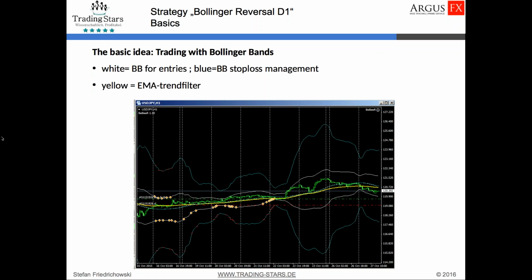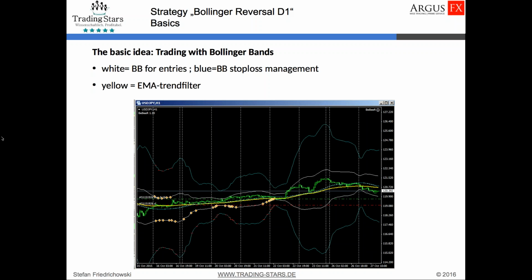The trade entries are always only in the direction of the trend filter, which is the yellow line here in the chart. That means in the current situation, if there were not a trade already running, because the price is below the EMA level, we would only enter in the short direction and vice versa.